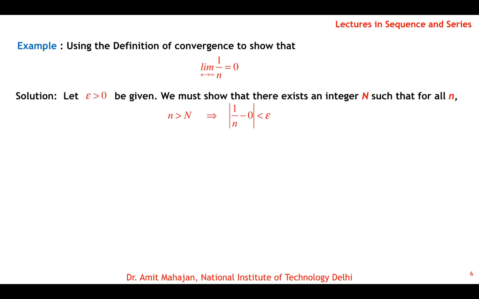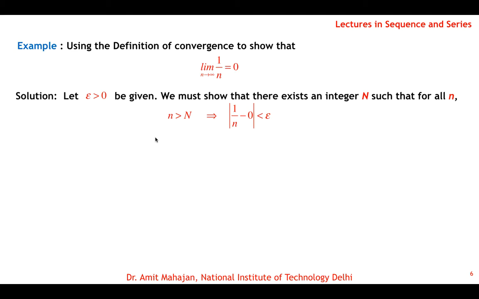To prove it by definition, the definition says that for every positive epsilon we want to show that there exists an integer capital N such that for all n greater than N, the modulus of the sequence term minus the limit value is less than epsilon. That means after this point all the terms of the sequence lie within epsilon distance from the origin, or 0.